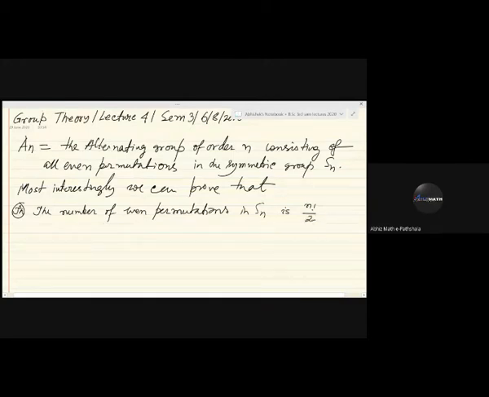As we know, the number of permutations in Sn is n factorial. So we can prove that the number of even permutations in Sn is half of the number of elements in Sn.